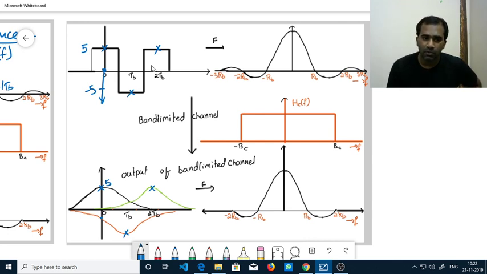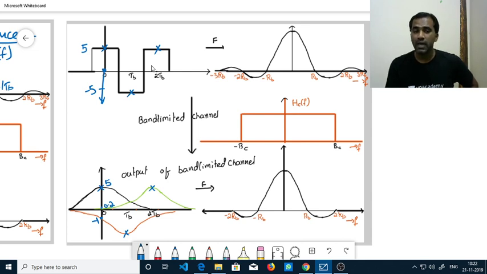Let me say this voltage is something like minus 1, for example, and this voltage is almost zero, let me say 0.2, for example. So the second pulse is interfering with the first pulse, and the third pulse was also interfering with the first pulse. Similarly, the first pulse is interfering with the second pulse, and the third pulse is also interfering with the second pulse.